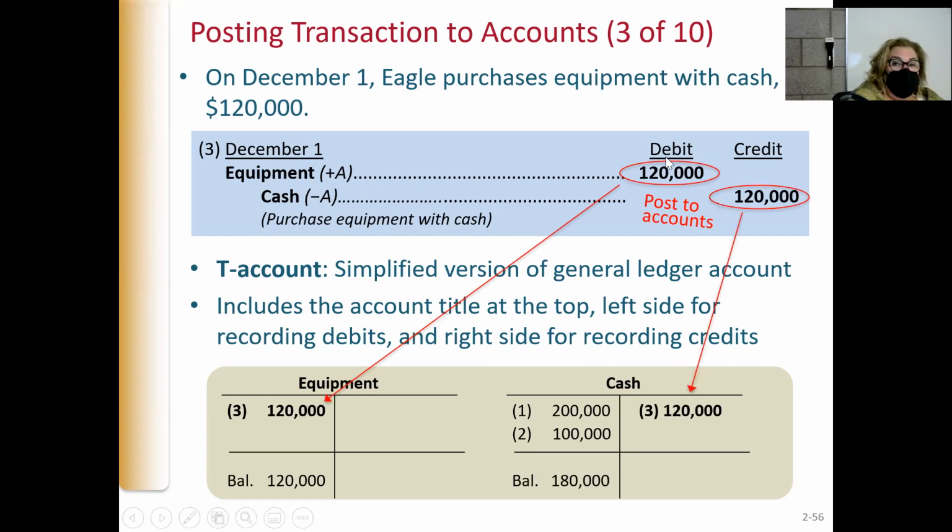We put the debit on the debit side, but with our cash, we credited it because it's being reduced, right? So after this transaction, do you see how our cash balance is now 180,000? It reduced, didn't it? Make sense? How's everyone doing?